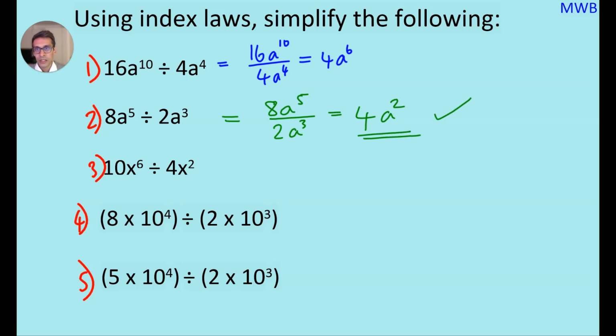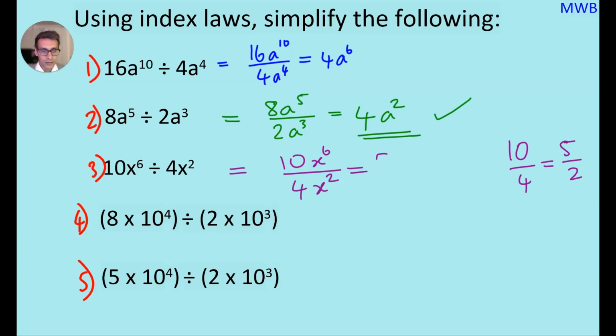Okay, next one. We are going to be doing this as a fraction, so 10x to the power 6 divided by 4x to the power 2. Just on the side, 10 over 4, when you simplify that fraction, becomes 5 over 2.